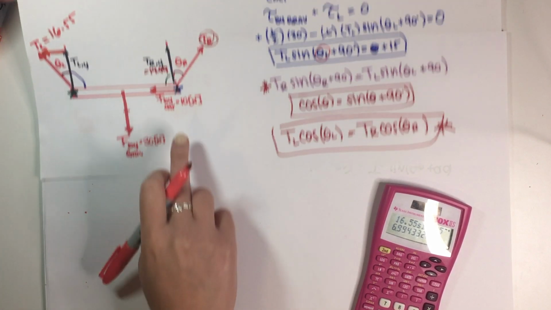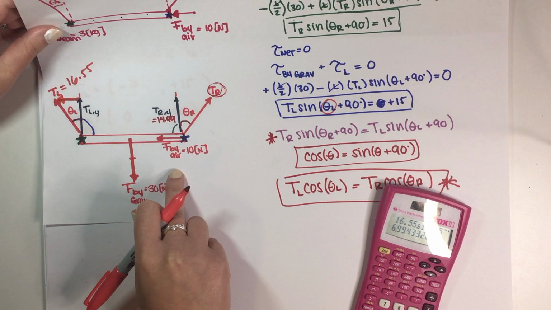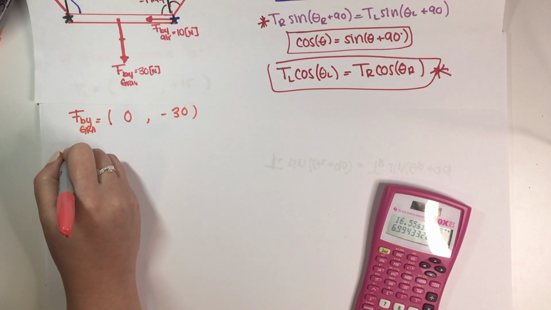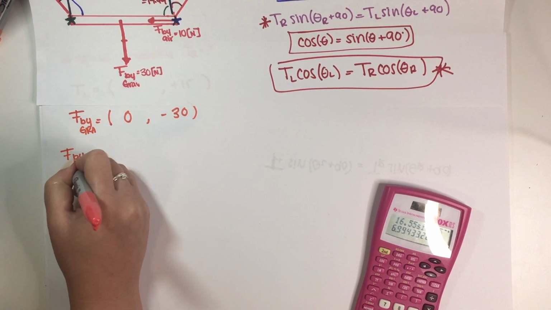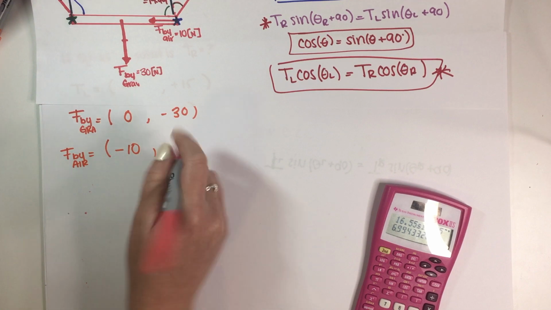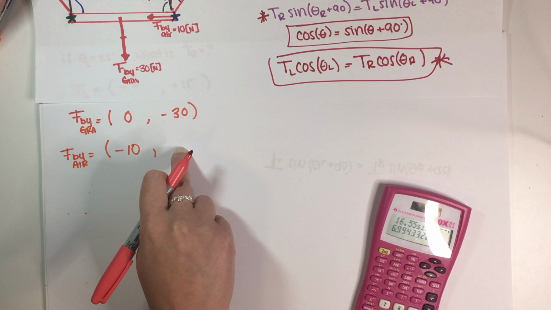Force by air is all on the x component and it's all going left. So in terms of x and y components, this is -10 and this part right here is 0.